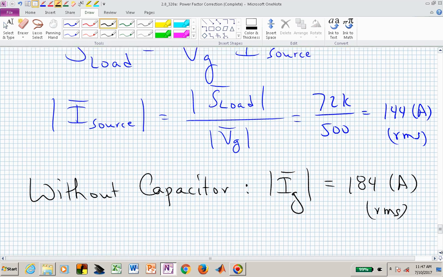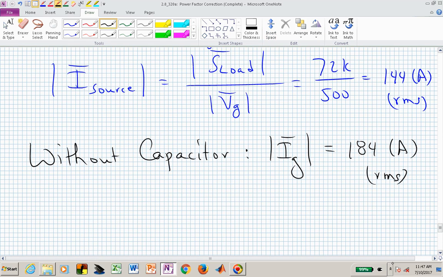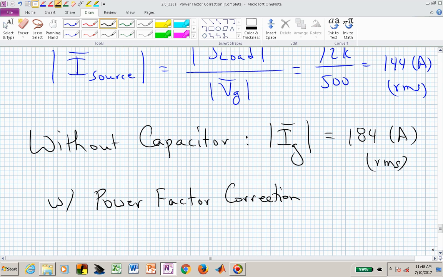And we've just now computed that with the power factor correction, I source is actually 144, which is a lot less than 184.